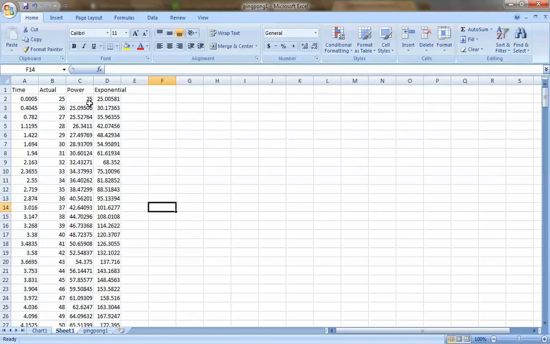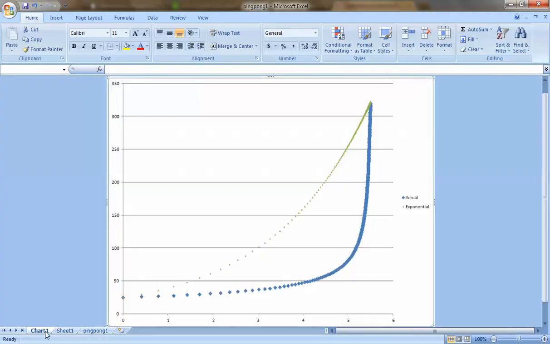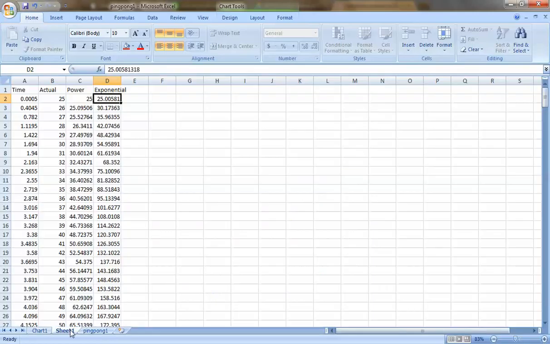And I want you also to graph an exponential function for me to see how it compares. And when I look at it, it does not compare at all. And that saddens me. The blue line is the actual data that I pulled off of the Python file, and the green line is what an exponential looks like.